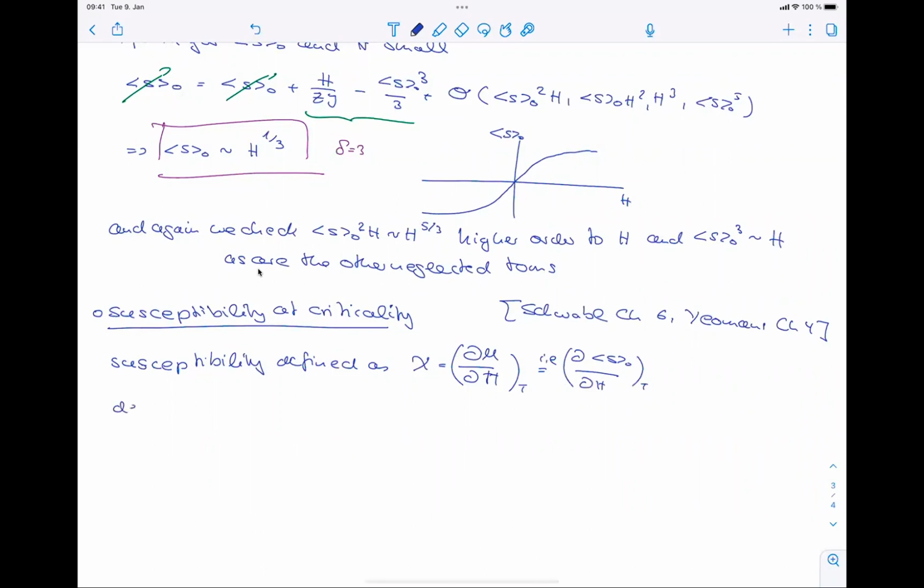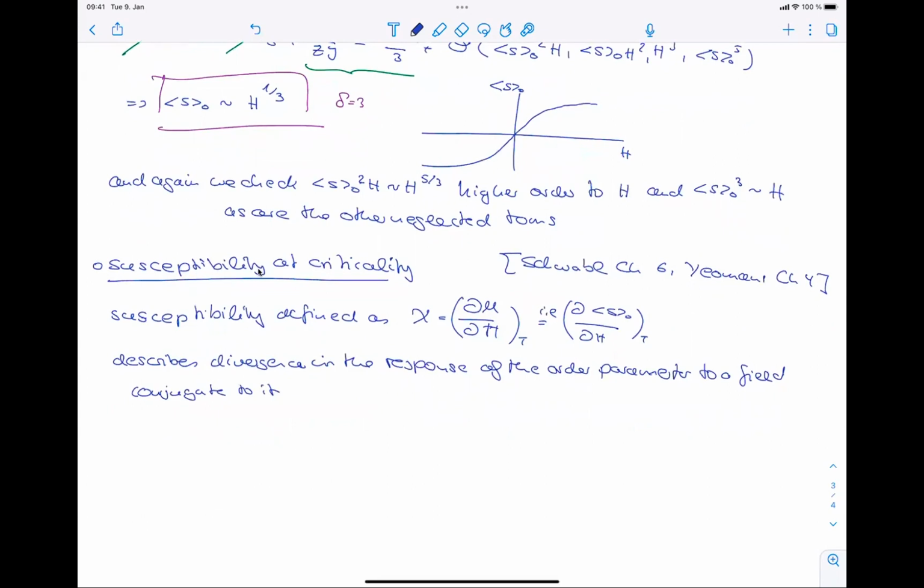And this describes, at criticality, a divergence in the response function, in this case of the order parameter, to a field, the applied field, that is its conjugate variable.